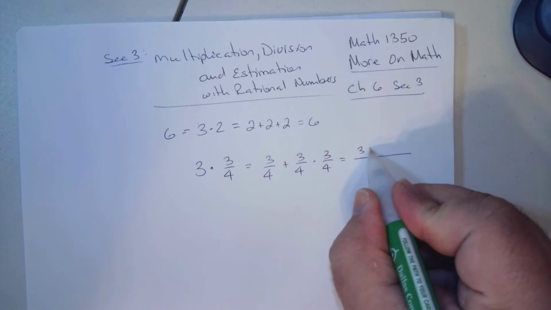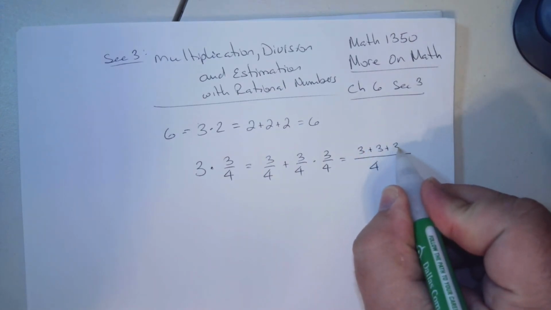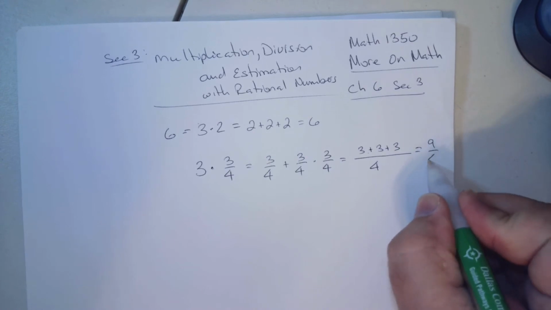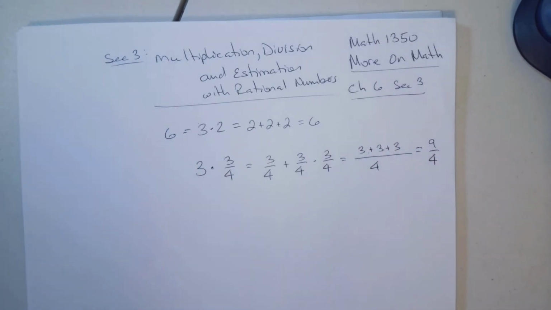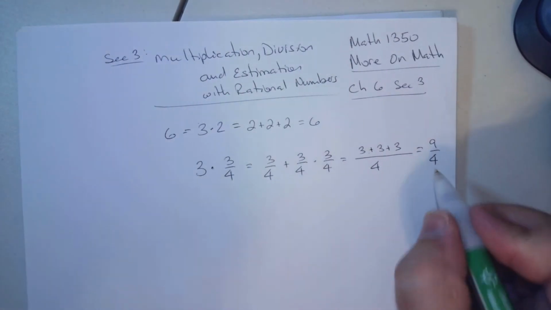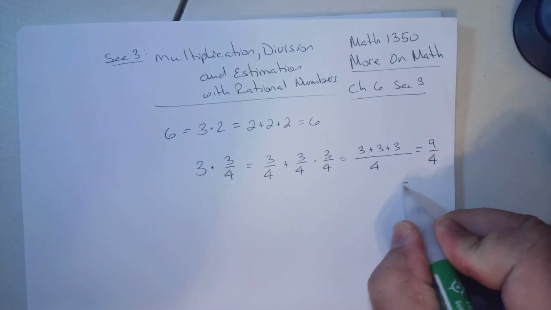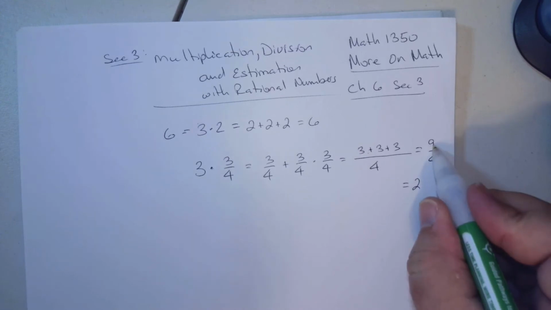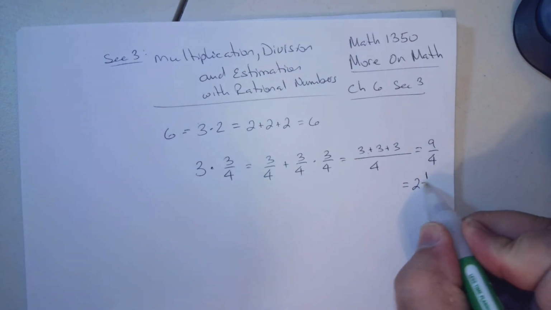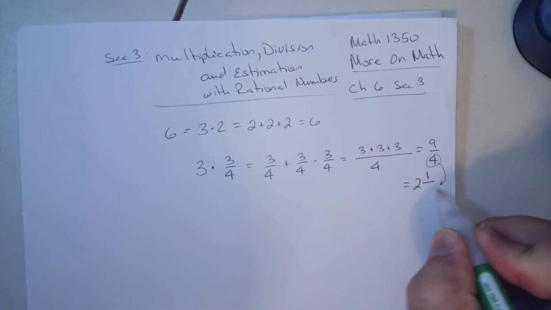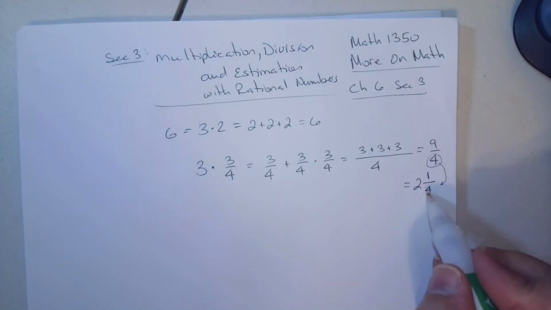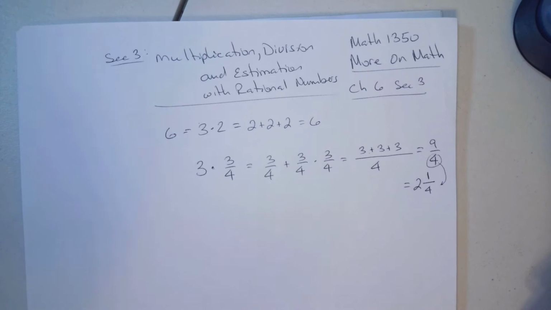Now we just worry about the top. 3 plus 3 plus 3. 3 plus 3 is 6, plus 3 is 9 over 4. How many times does 4 go into 9? Twice. 2 times 4 is 8, so there's 1 left over. Remember, this is always the bottom number. So that's an improper fraction or a mixed number. That's either one.